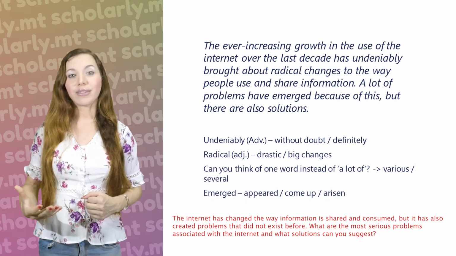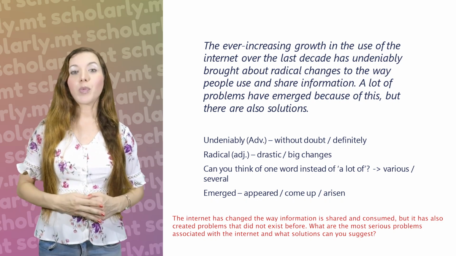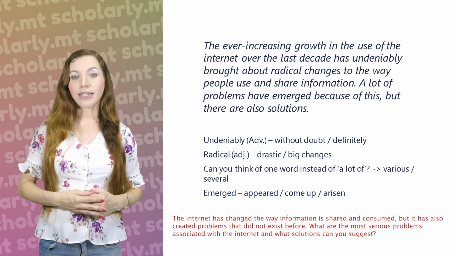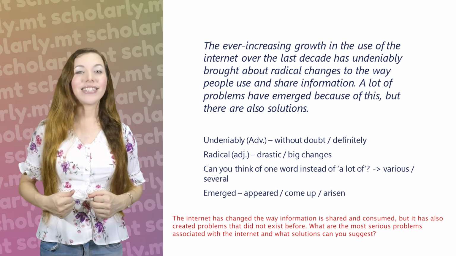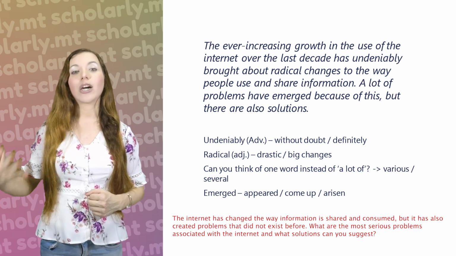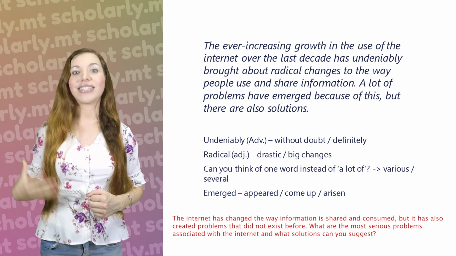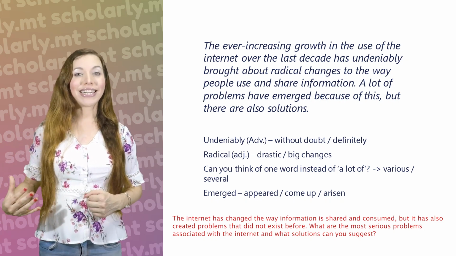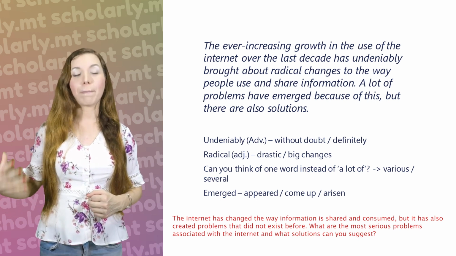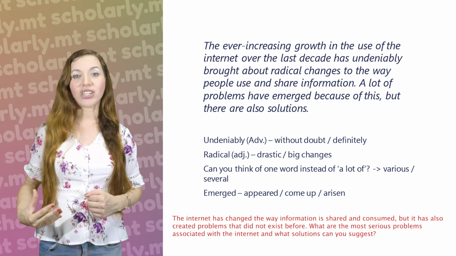So basically, in the introduction, we are restating the idea or ideas that are presented in the title and what we understand by it. Now, there are some words in this paragraph which you might have found difficult, such as undeniably. That is an adverb which means undoubtedly, without doubt, definitely. Radical. That's an adjective which means drastic, big changes, major changes.